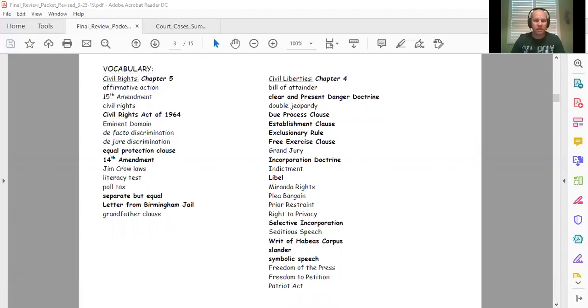Let's come up here and see if I can find it. Okay, so the clear and present danger doctrine deals with First Amendment freedom of speech. If you remember, Schenck was passing out flyers to encourage draft-age men not to go into the draft, and he called it involuntary conscription.